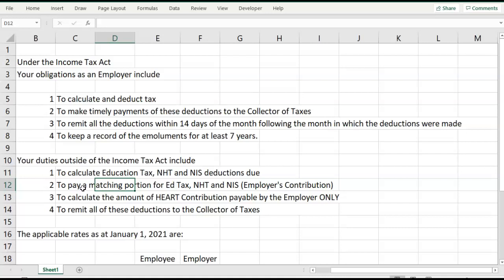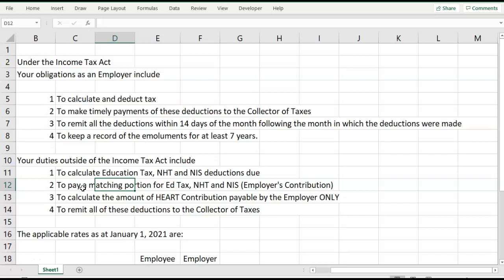And so a number of employees may find themselves in a situation where there is no contribution on the records of the NHT, the National Housing Trust, simply because the employer did not pay over the deduction.